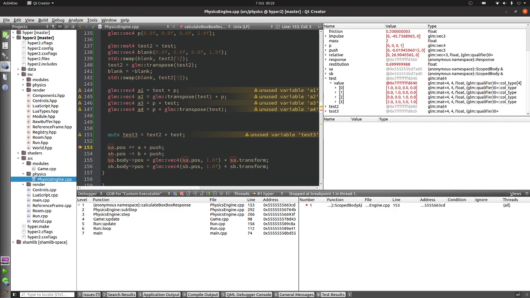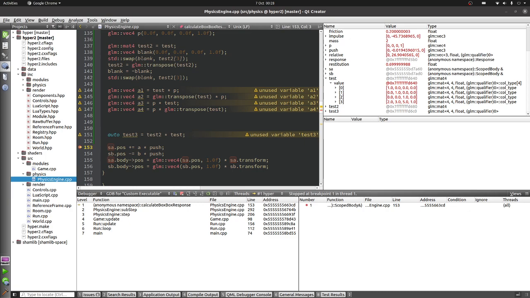Out of curiosity, how does matrix inverse actually work in GLM? So what's the cost of it? The documentation just links to the GLSL function to tell you what matrix inverse is.